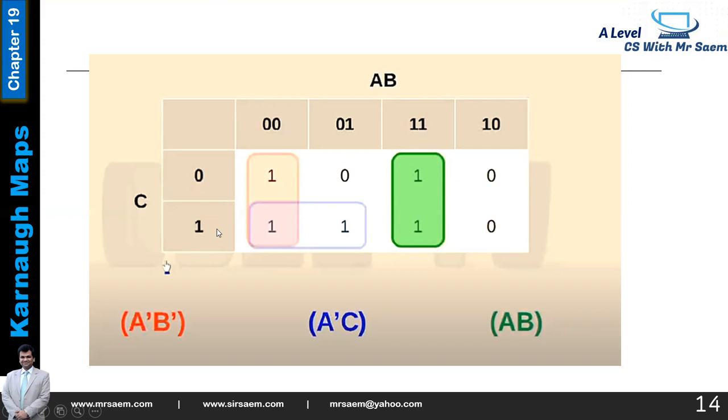And over here, I have this combination, but A is 0. So since A is 0 over here, this is A inverse. So A inverse and C. So these two groups will be represented as A inverse C.